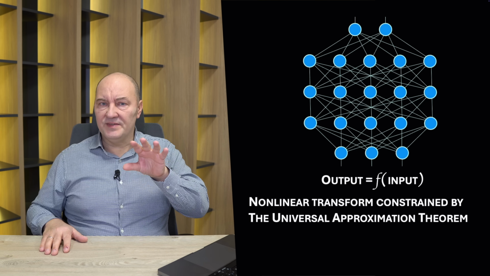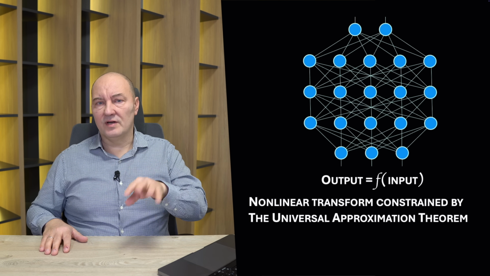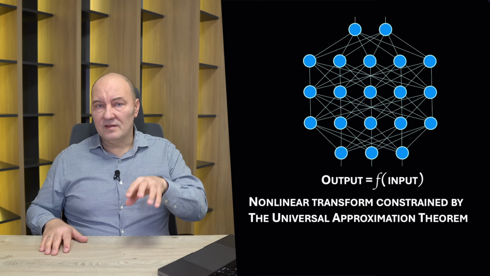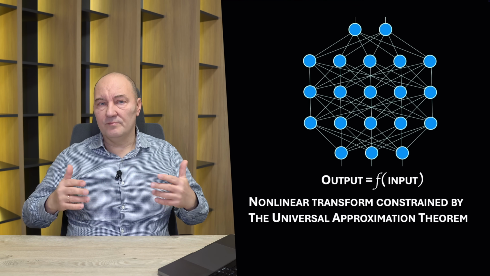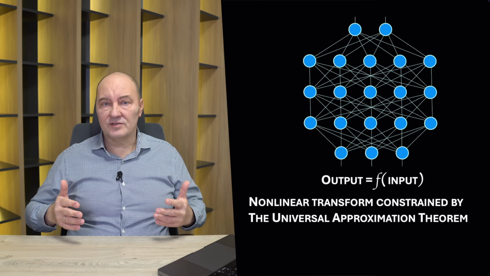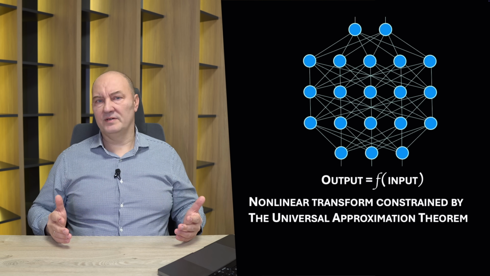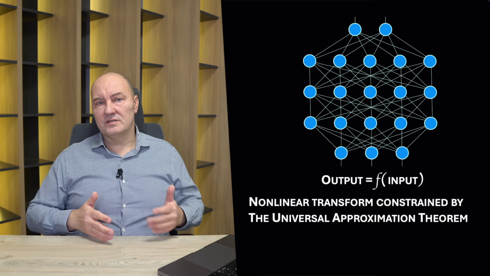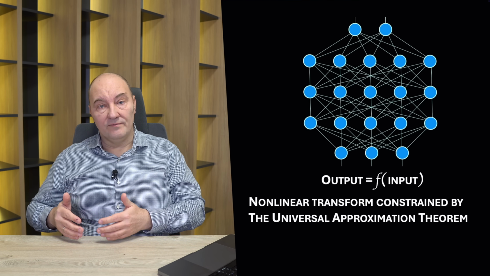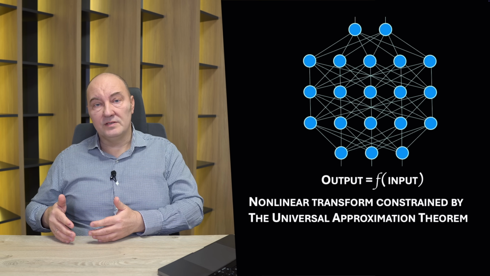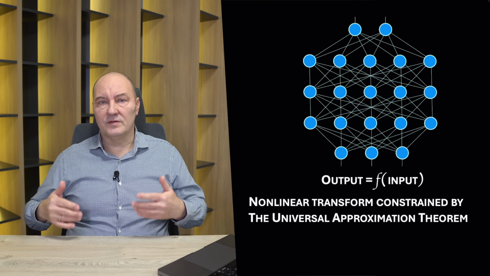They make the entire artificial neural network a nonlinear transform of its inputs, and that is very important because such functions have some provable properties. And the universal approximation theorem is pointing out a few of those properties which are very important for the theory of artificial neural networks.